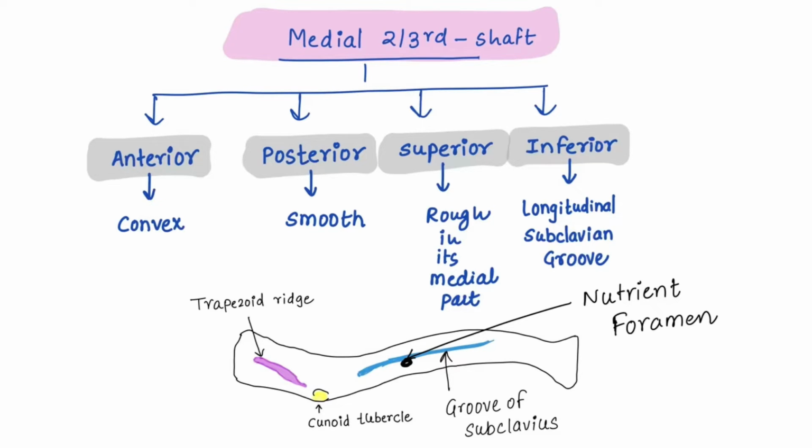A nutrient foramen is an opening in a bone which allows a blood vessel to enter it and provides nourishment to the bone.